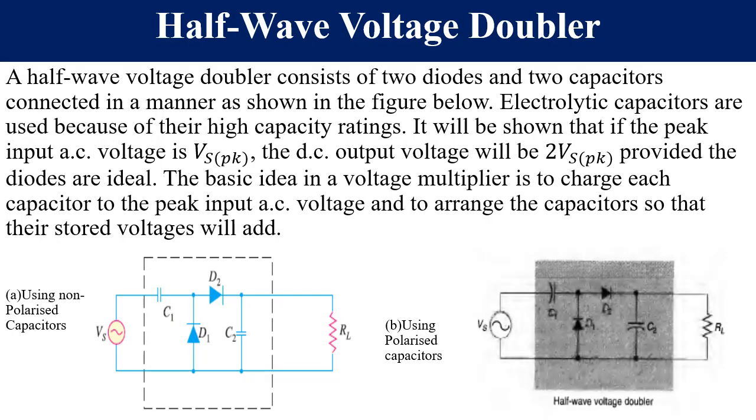Thus, in the schematic diagram of a voltage doubler, the capacitors can be polarized or non-polarized, depending on the characteristics that we want. So we can take note of how the diodes are connected: the anode is connected to the cathode, and from the input the first component that we need is the capacitor.